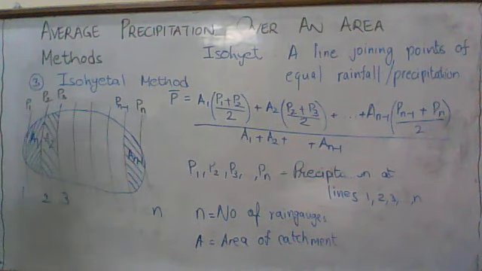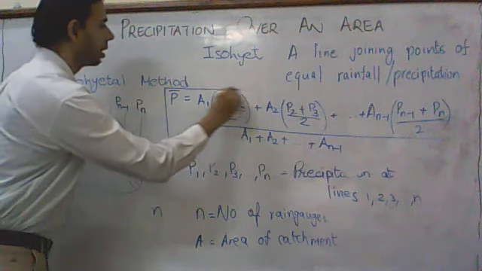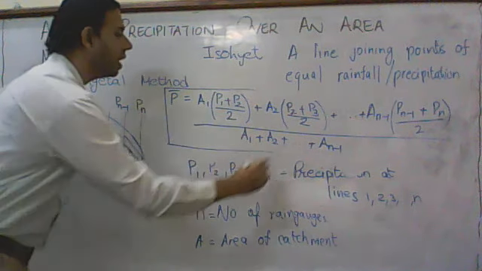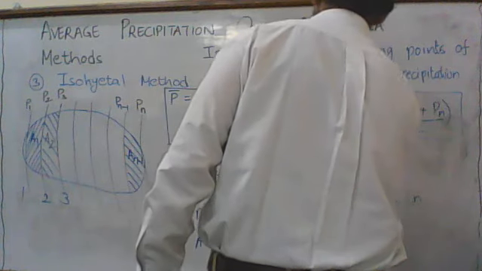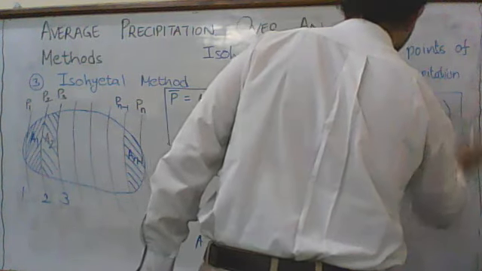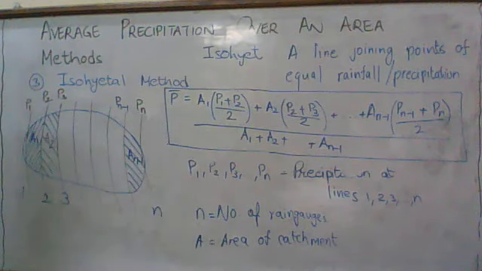So this is the average precipitation that is calculated using the isohyetal method. Okay, this is the formula for calculating the average precipitation using the isohyetal method.